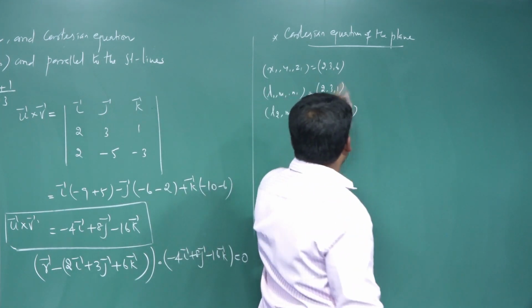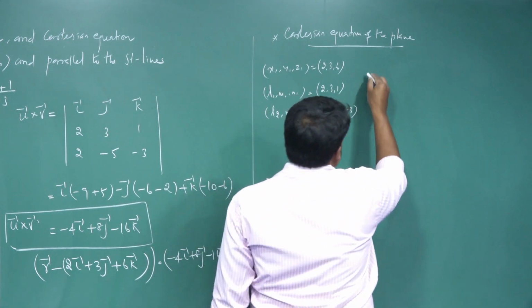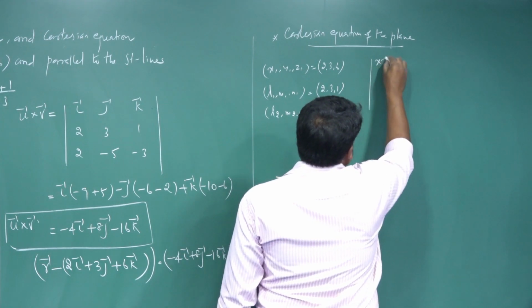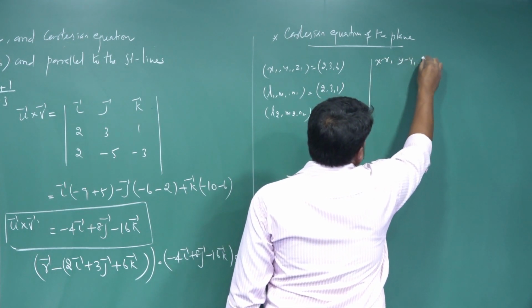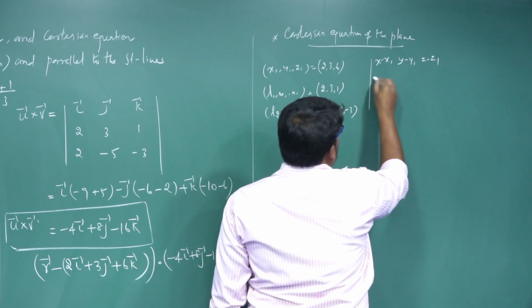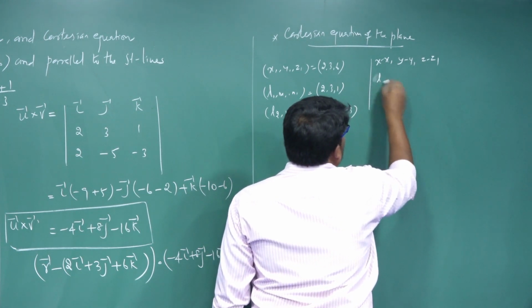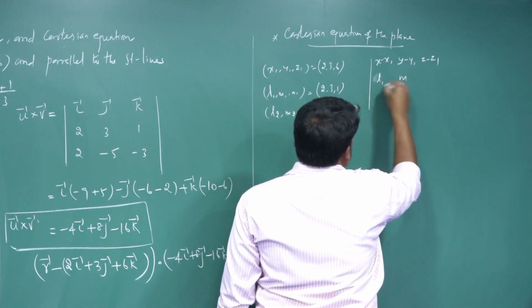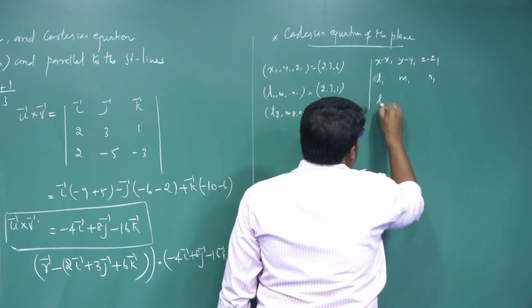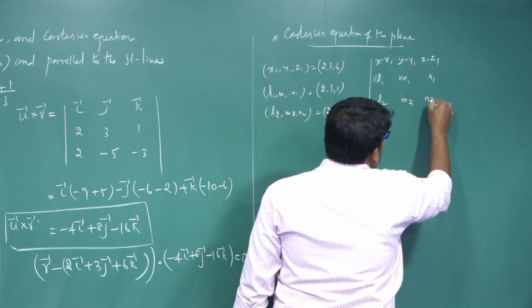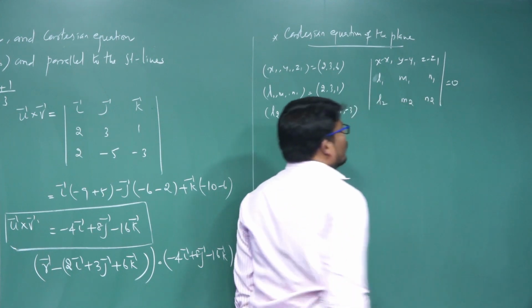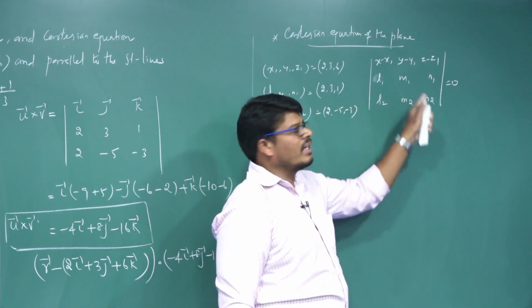That is the 1 point and 2 parallel vectors. Now write in Cartesian form: x minus x1, y minus y1, z minus z1, then l1, m1, n1, l2, m2, n2, equal to 0. That is the Cartesian form.